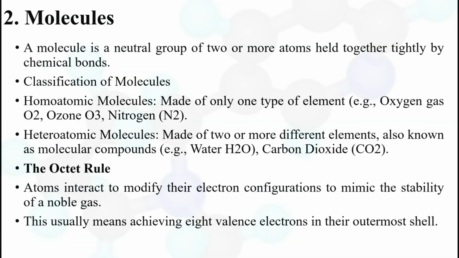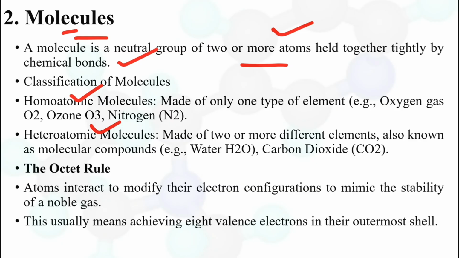Then molecule. These are neutral groups where two or more atoms are held together tightly or loosely by chemical bonds to form molecules. Then classification: it can be homoatomic molecules or heteroatomic molecules.